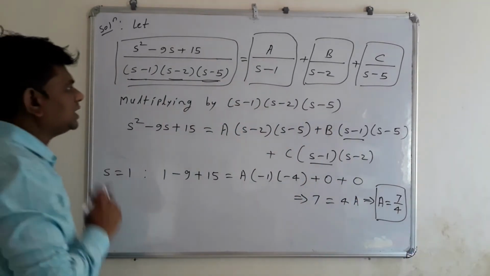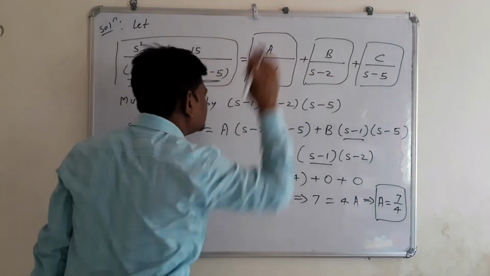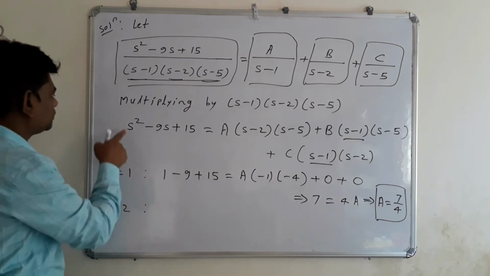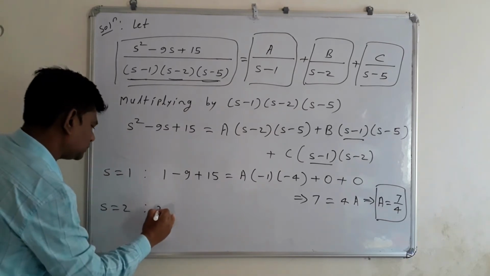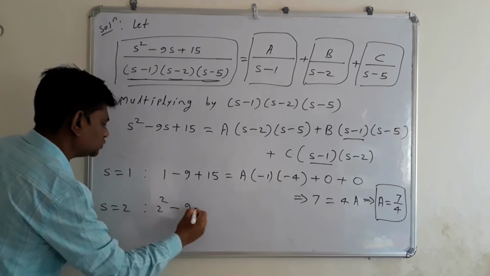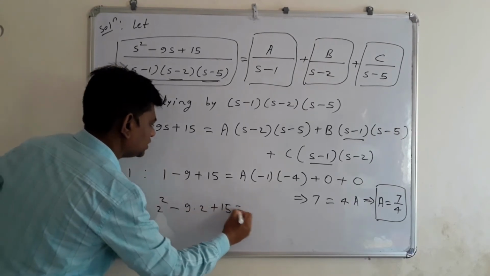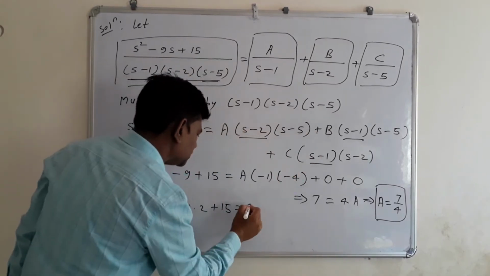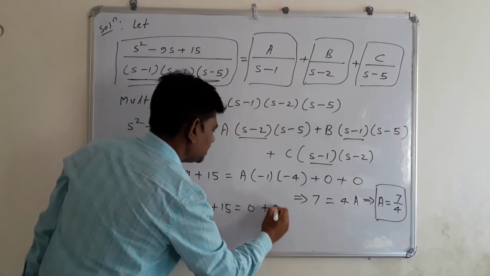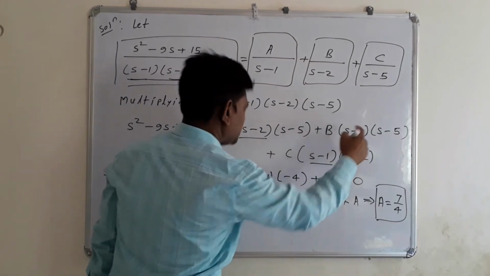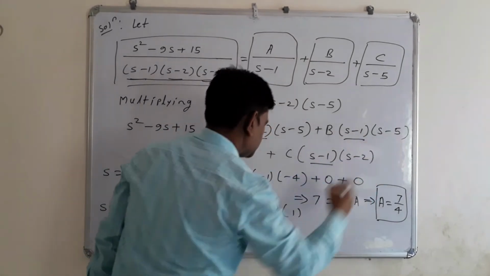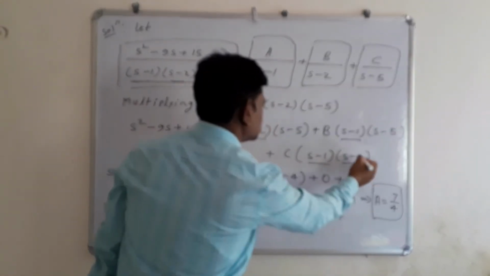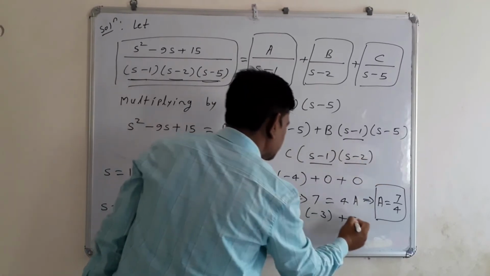Now for B, by substituting s−2=0, that is s=2, therefore 2²−9 times 2+15 is equal to, since s−2 is 0, the first term is 0, plus B times (2−1) which is 1, and (2−5) which is −3, and again s−2 is 0, so the third term is 0.